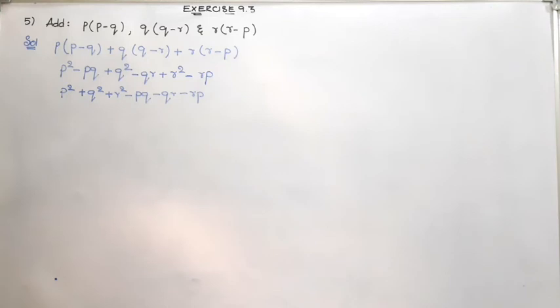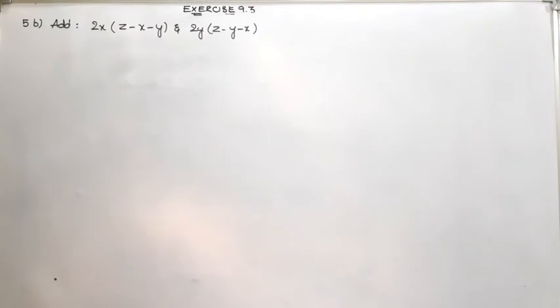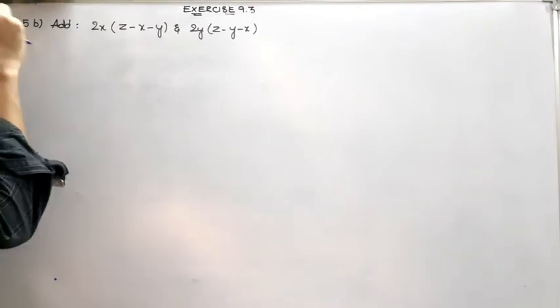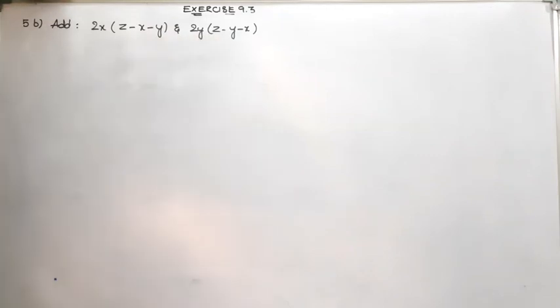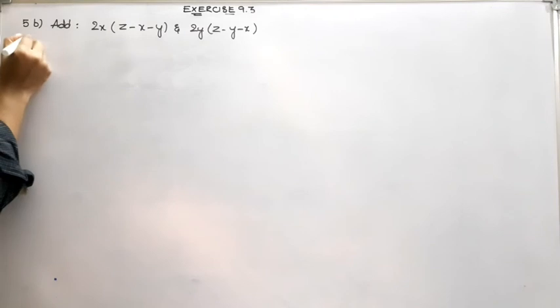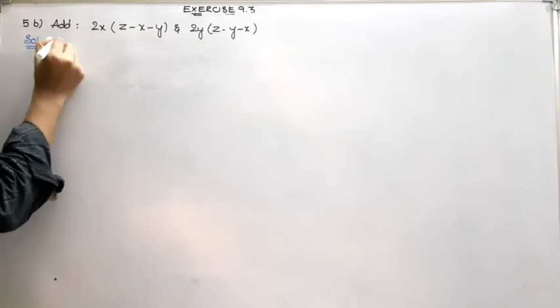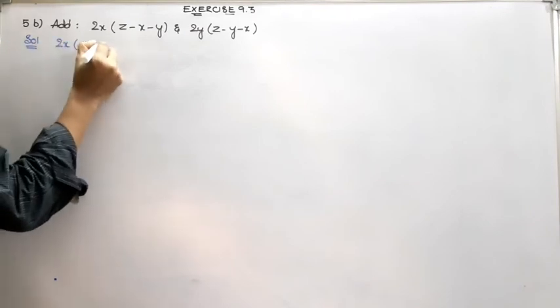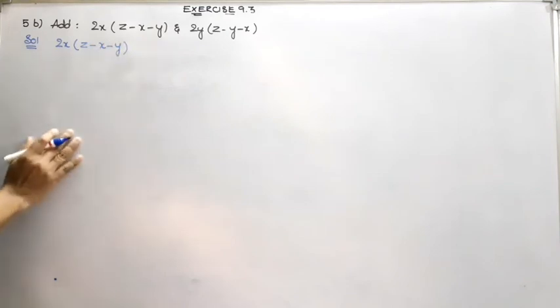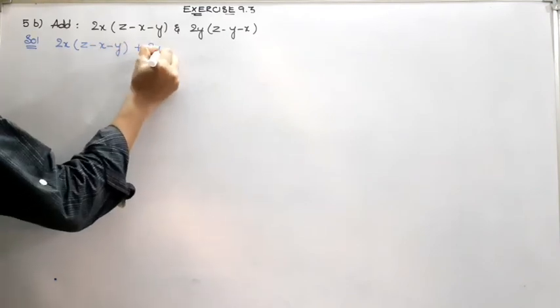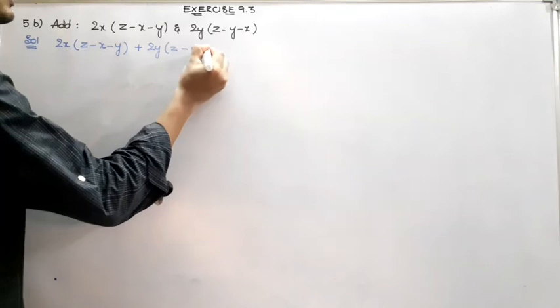So now let us move to B question of the 5th Roman. So please check it. Look children, add 2x into z minus x minus y and 2y into z minus y minus x. So let us start the solution. So 2x into z minus x minus y, the first term, plus 2y into z minus y minus x.